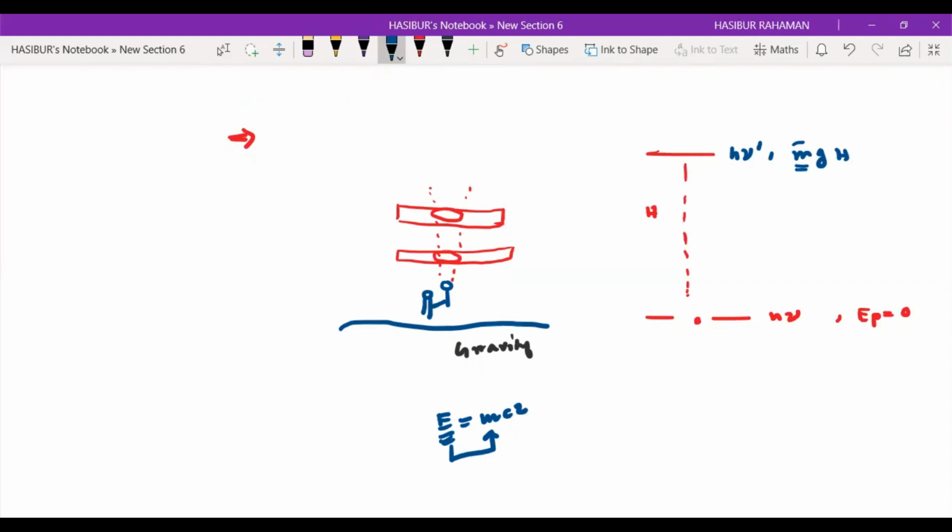So let's write down the conservation law. It will be h nu, the initial energy, and after that it will be h nu prime plus mgh.